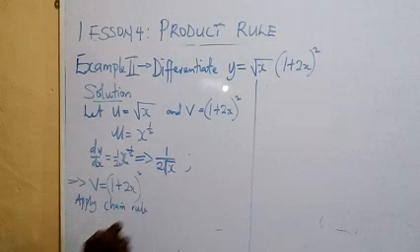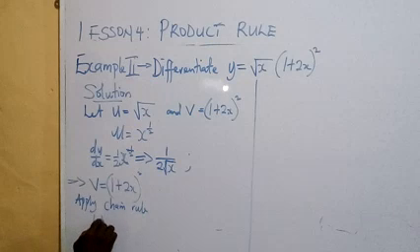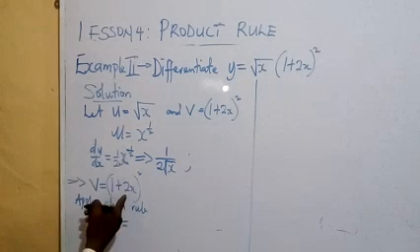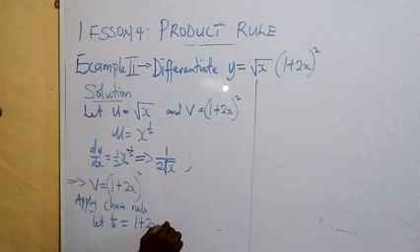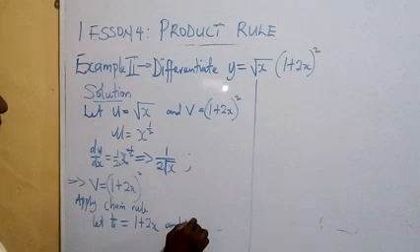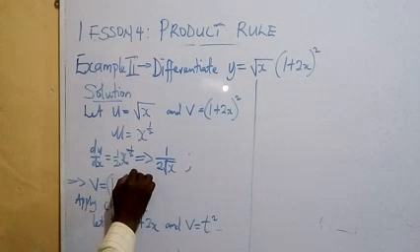Chain rule. Alright, you can say let t equal to this, 1 plus 2x, and v equals t squared, with this power.